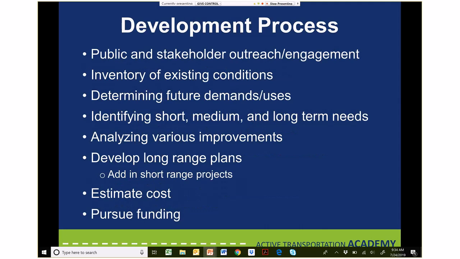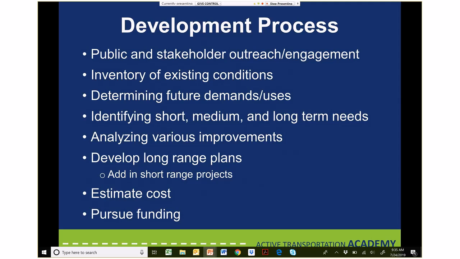Then we go into the actual development process. So looking at all of these different steps, everything from stakeholder and public engagement to inventorying the existing conditions and determining the future demands for active transportation. And we've already gone through that earlier on in the training. So at this point, we hope it's going to feel like you've already started some of this process and understand how it fits into the full development process. And then some of the new things that we'd be talking about at this point in the training would be identifying different time frames for the needs.